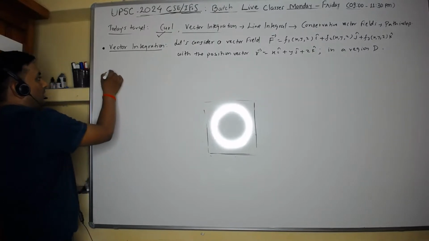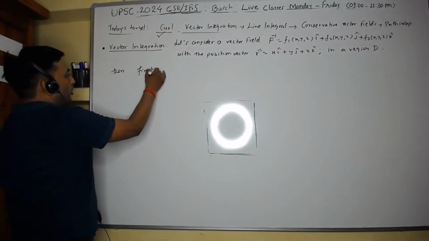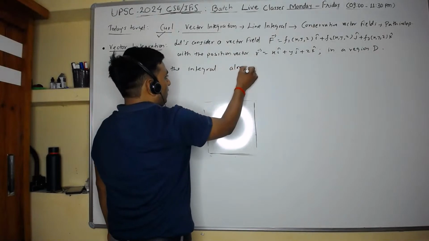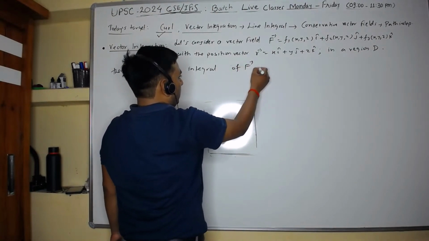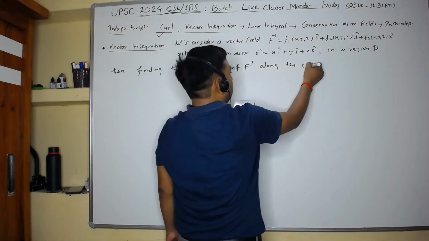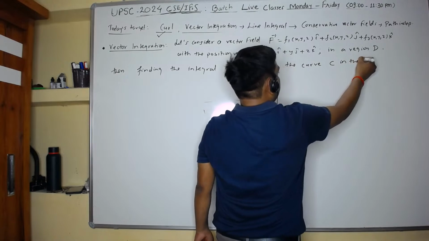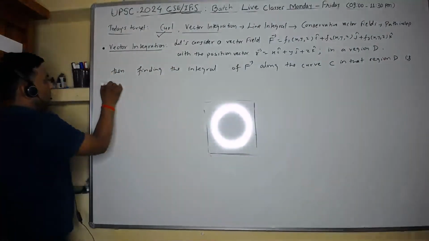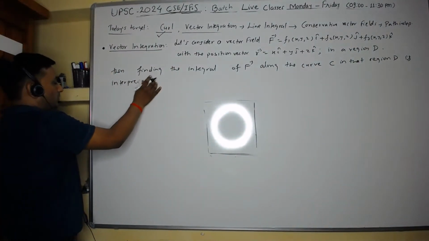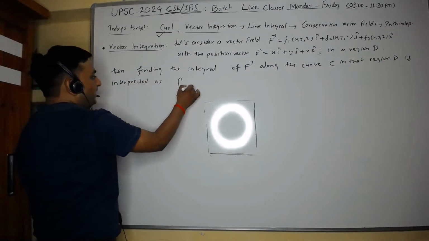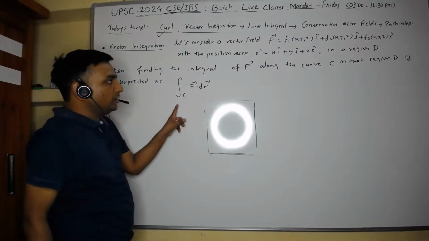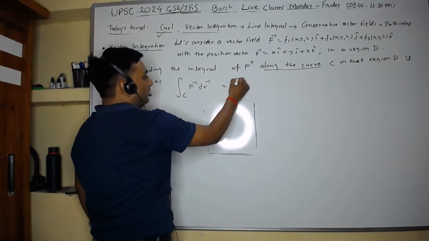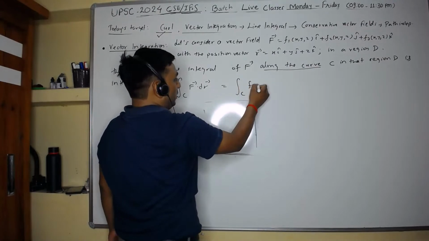ठीक है, then finding the integral of f vector along the curve C, obviously in that region D, is interpreted as integration C f vector dot dr vector. ठीक है, along the curve C. So that will be nothing along the curve C, that is what?